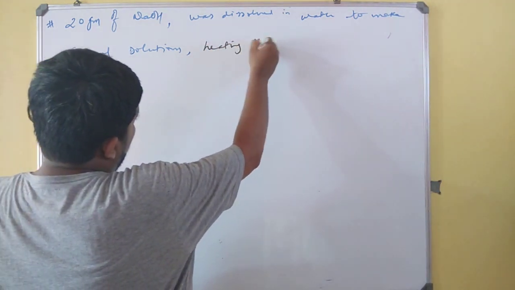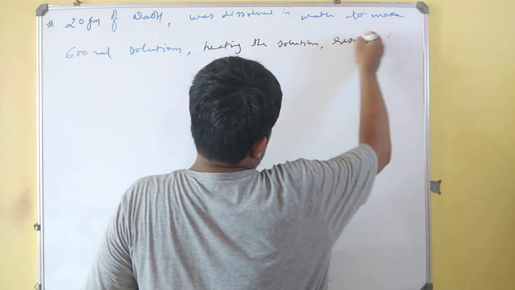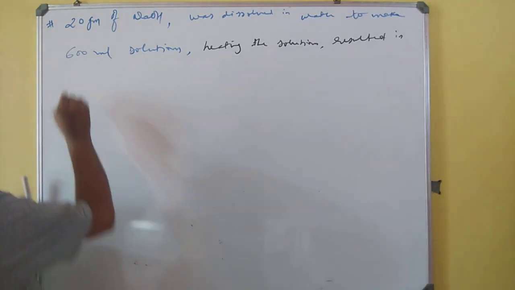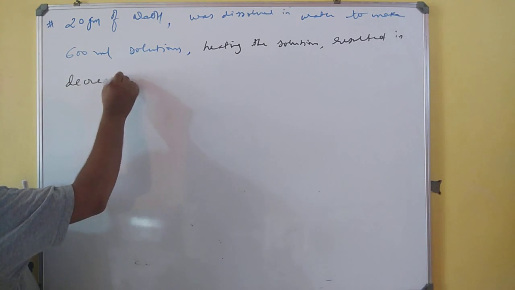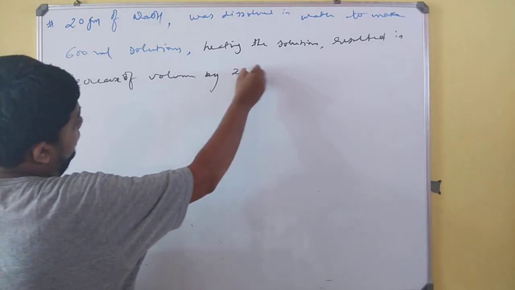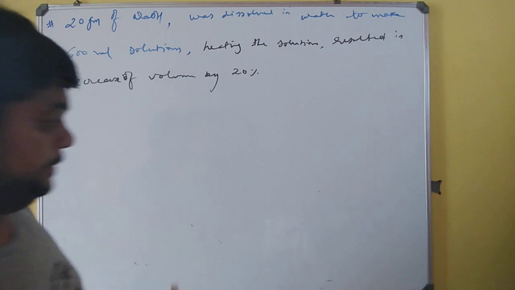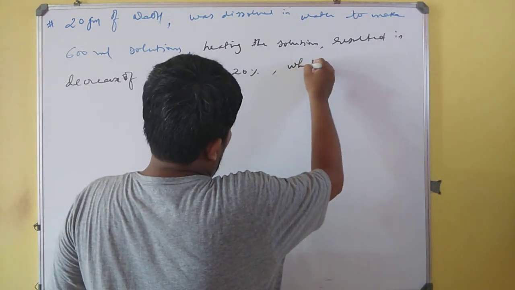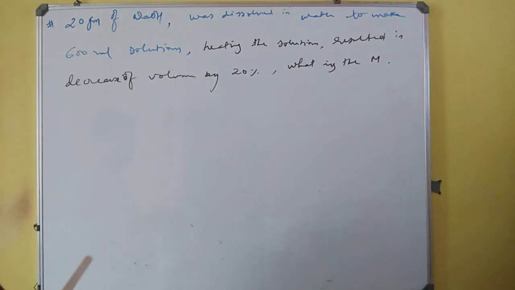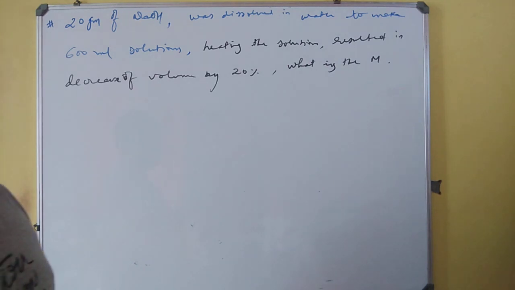Heating the solution resulted in a decrease of volume by 20%. What is the molarity? So over here, you are supposed to find out molarity two times.